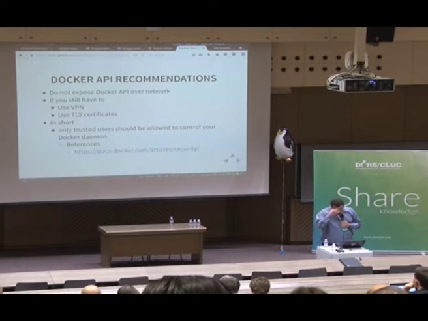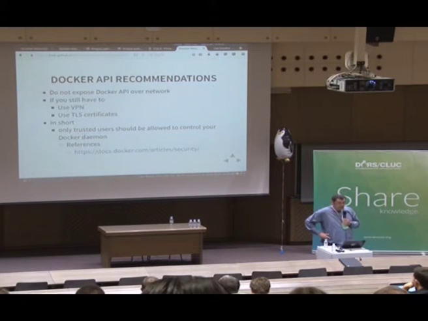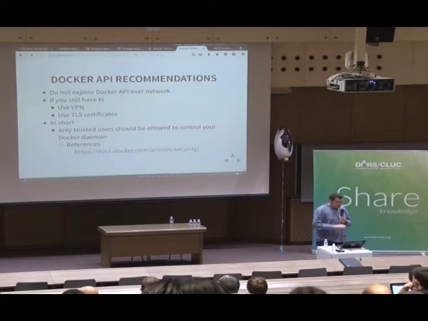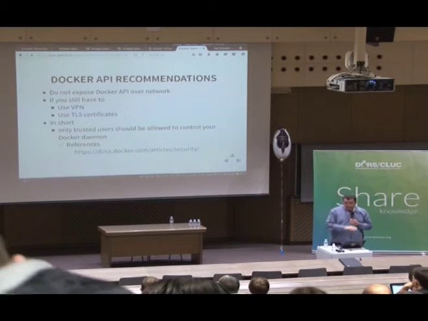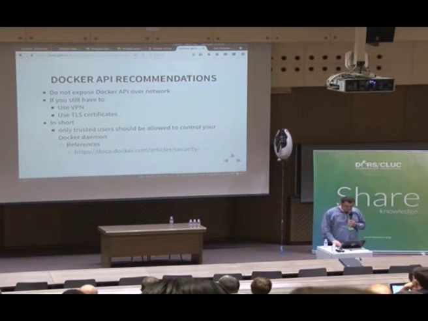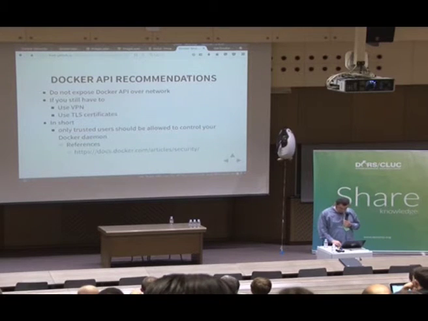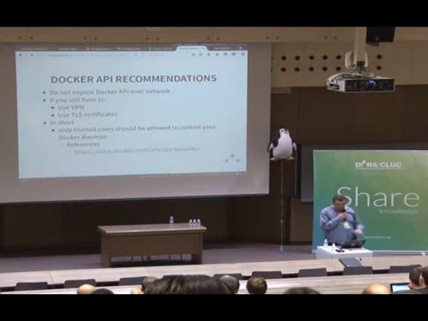So what to do, right? Do not expose the Docker API, right? Whoever gets access to that control socket, or to the HTTP API or TCP socket, it's game over, right? If you still have to, I would definitely recommend using some kind of VPN and TLS certificates.